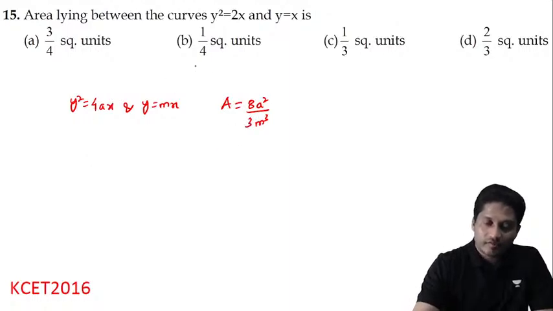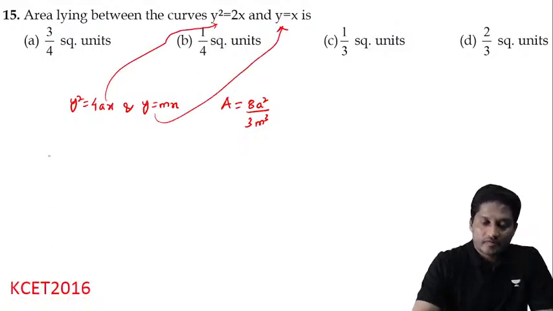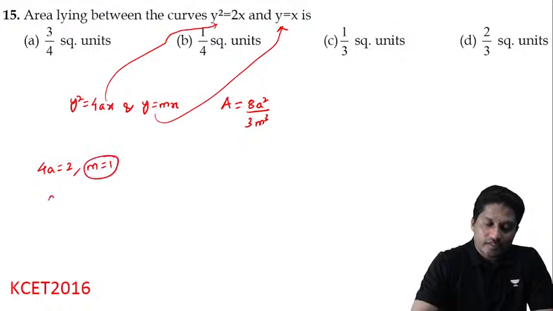Now this is of the form y square is equal to 2x. Compare 4a is equal to 2, and m is equal to 1. 4a is equal to 2 means a is equal to half.